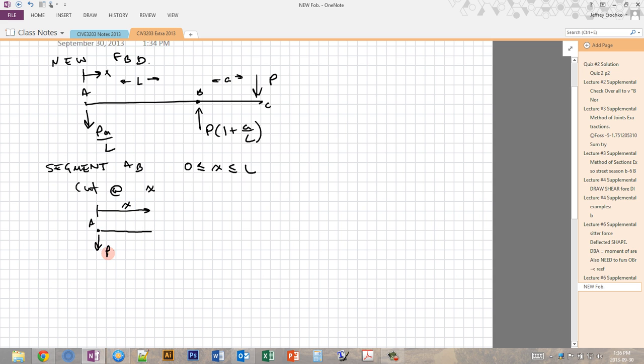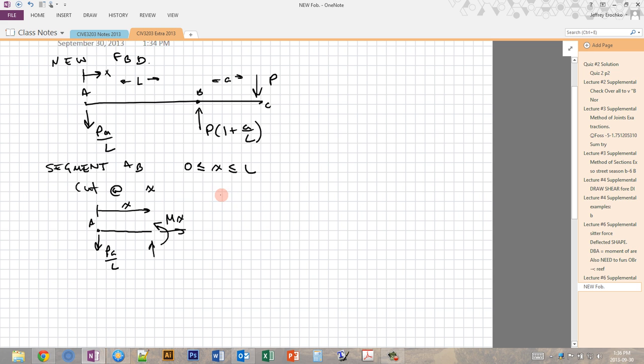So we still have PA over L, and then at our cut, since we're cutting in the middle of a beam, we have a horizontal load, we have a vertical load, and we have some sort of moment. So this is the internal moment in the beam at point x. Now we're not really concerned about this shear and the axial. Since we're talking about deflected shape, all we really care about is the moment.